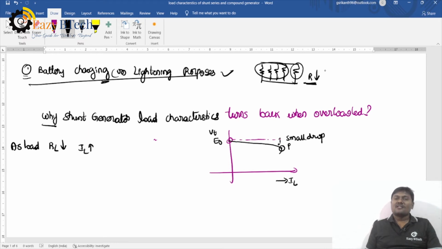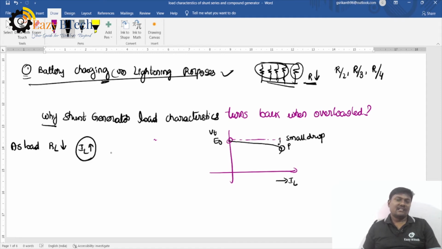If two equal resistors are connected in parallel, that is R by 2; three equal resistances in parallel, R by 3; then R by 4, like that. Then the load current increases. The load current is coming from the armature, and armature reaction also increases.